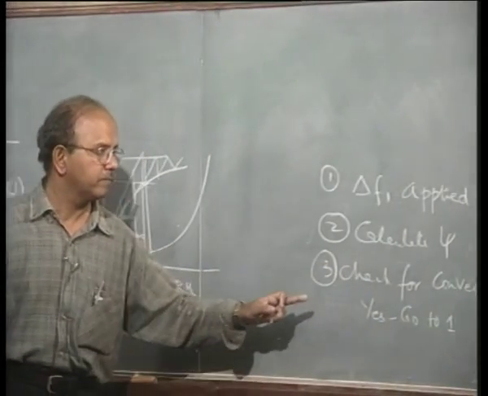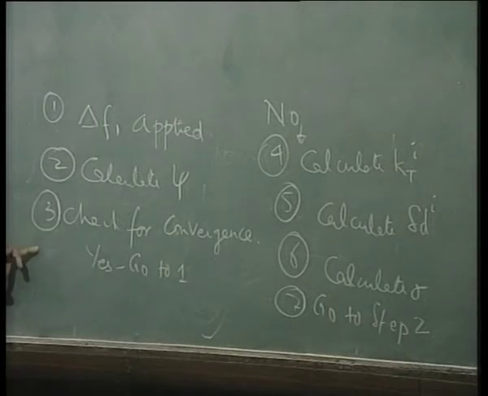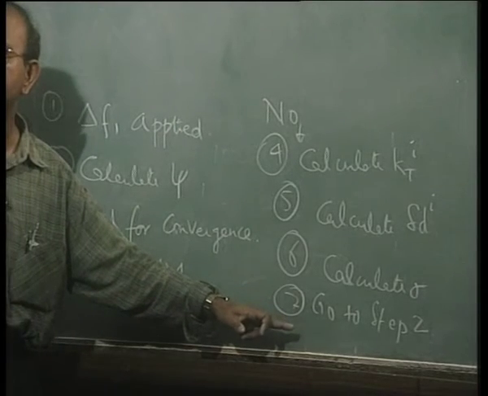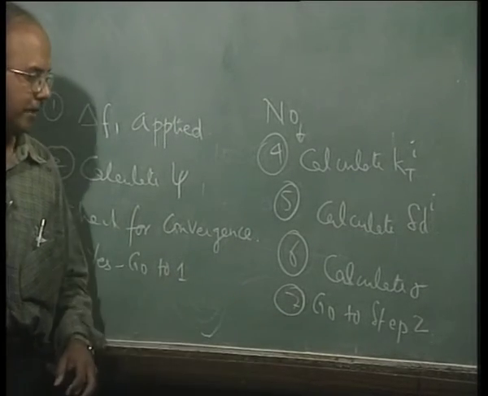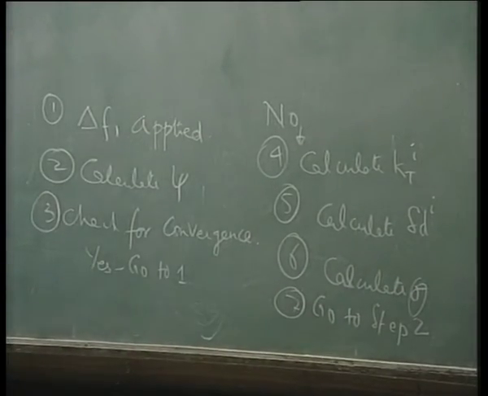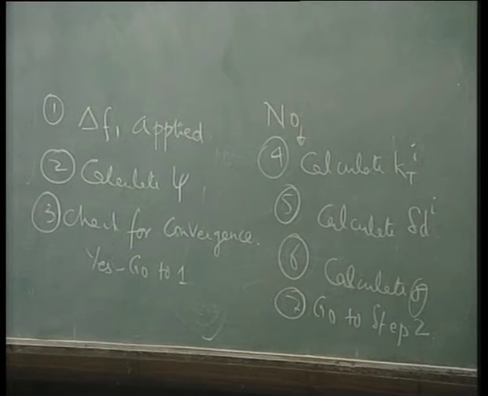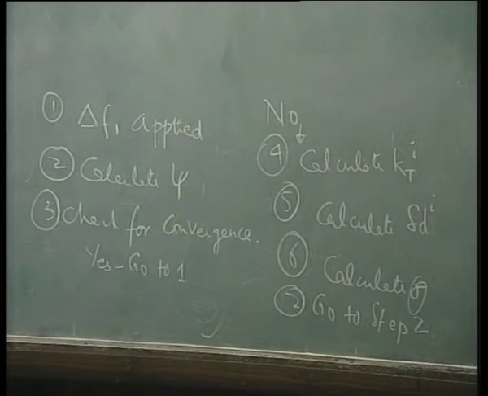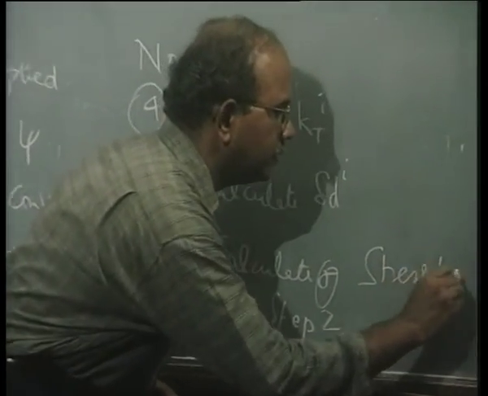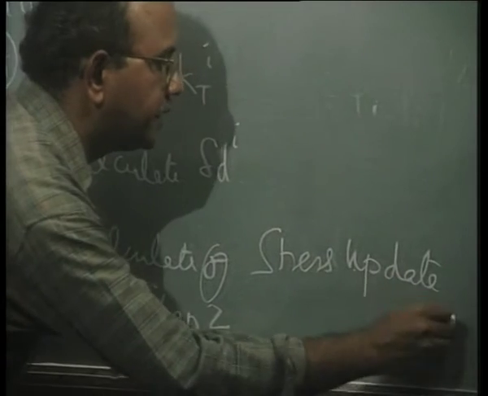Okay? Calculate this, convergence, no convergence, get to do all this. Okay? In fact, sigma calculation is a very, very important step, and is called the stress update. Stress update step.